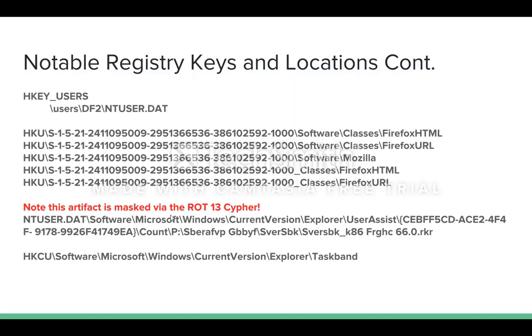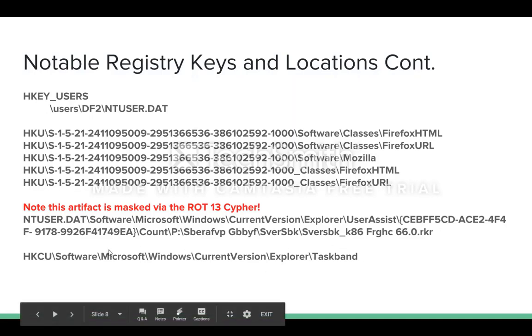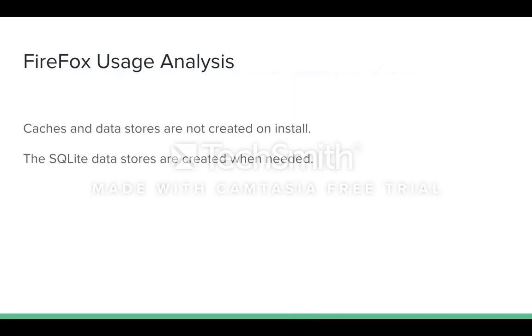It's just a 13 character rotation. So you see here the P semicolon, well, it's actually C semicolon, and once converted, you'll see that's Mozilla Firefox 66.0. And then our task band for the taskbar icon link file that we'll be keeping an eye on as we continue to go through the analysis.